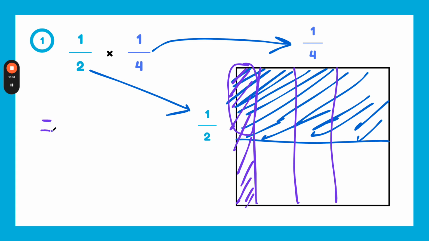So we ask ourselves, okay, how many pieces have both a blue and purple shading? Which is only one. And it's out of how many pieces altogether? There's 1, 2, 3, 4, 5, 6, 7, 8.